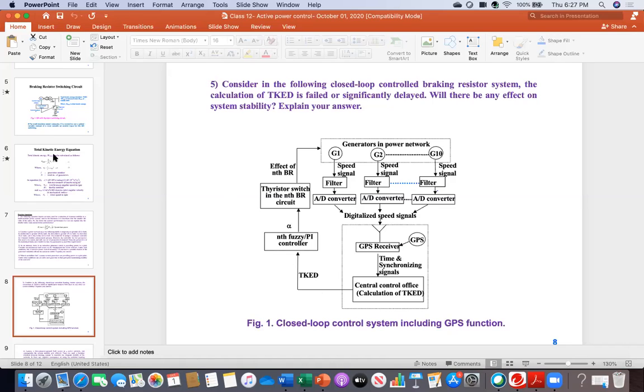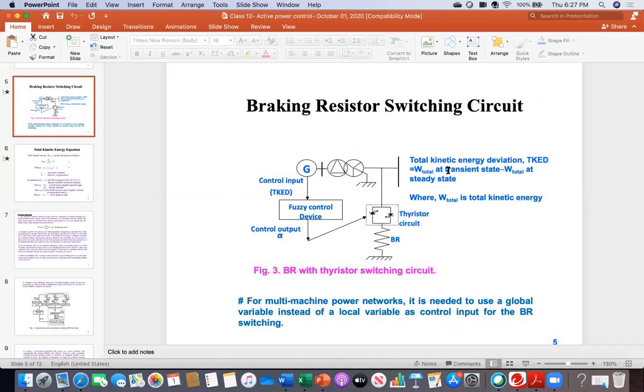Because your goal is, once there is a fault, to quickly operate this braking resistor. You have to quickly send the alpha signal. Now this is your TKED, total kinetic energy. Here I have shown the flow from this generator just to understand, but in fact that TKED is coming from all generators. So if there is no input, how will it produce the output in a timely manner?